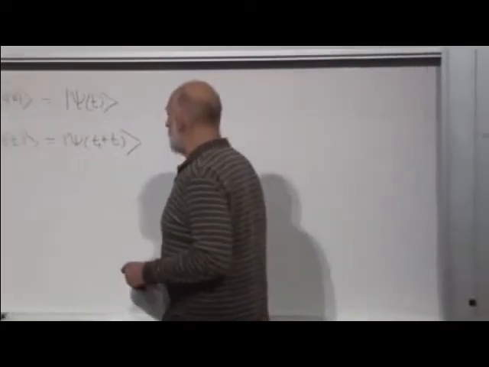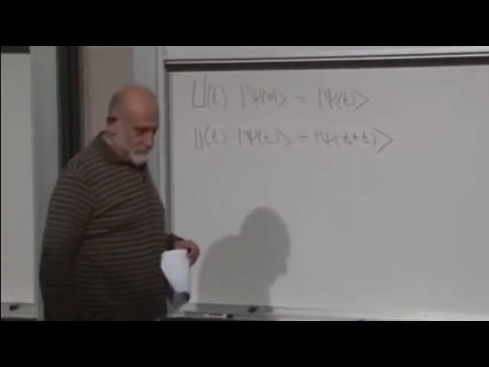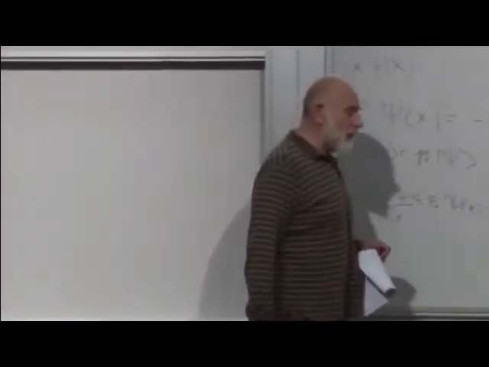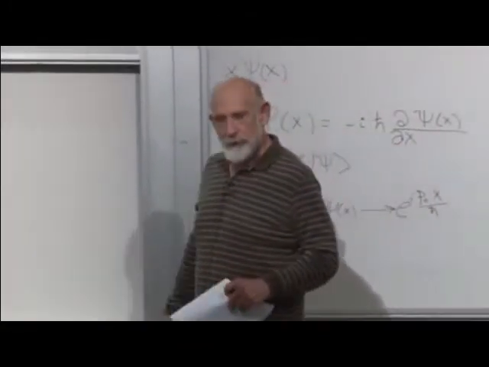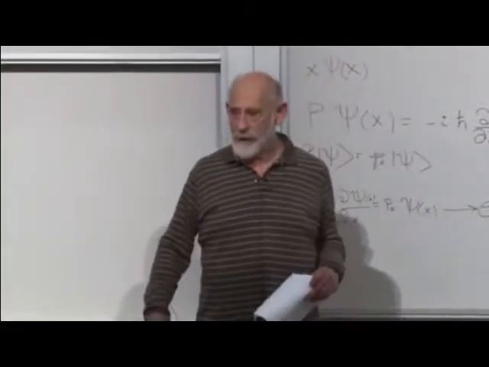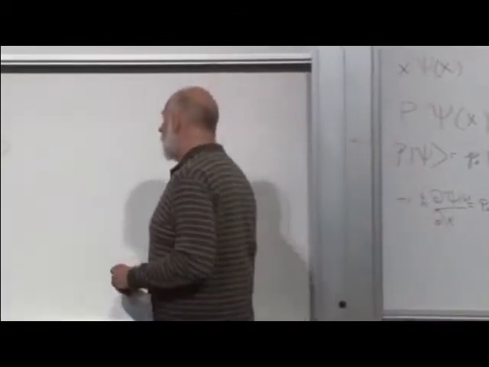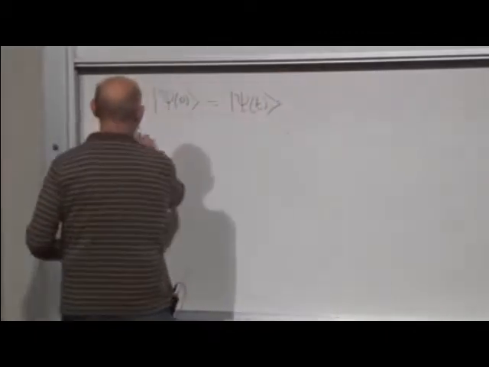All right, so what that says is that orthogonal vectors remain orthogonal. In fact, you can do a little bit better. You can prove from that statement that the inner product between vectors is unchanged by time. Let me just explore that idea a little bit.